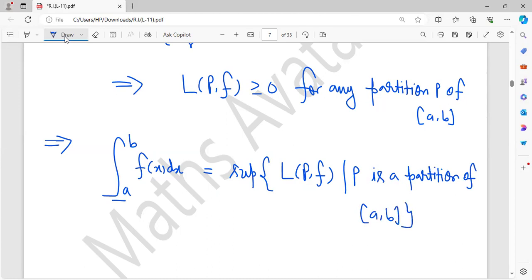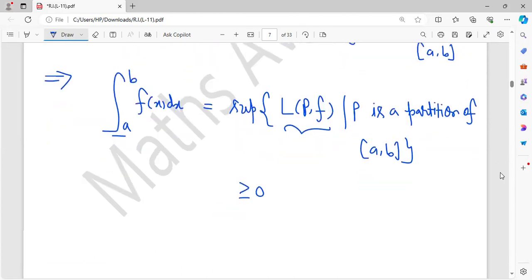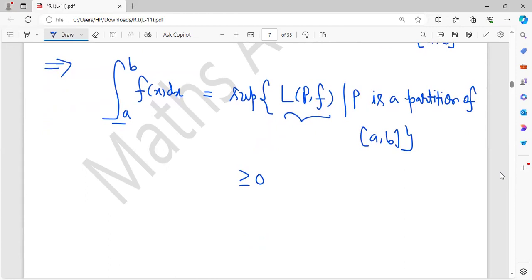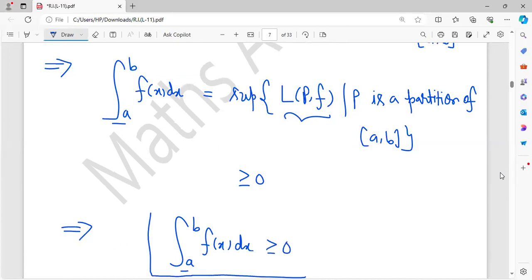Now each member is non-negative. It means this supremum will be greater than or equal to 0. So this implies the lower integral from a to b is greater than or equal to 0, so this is closed.